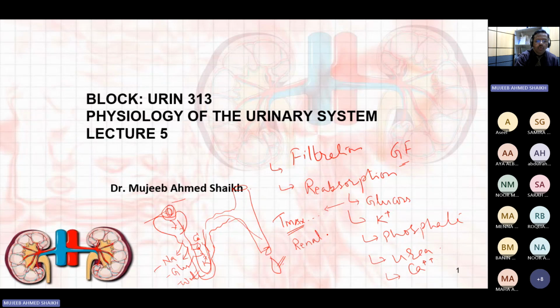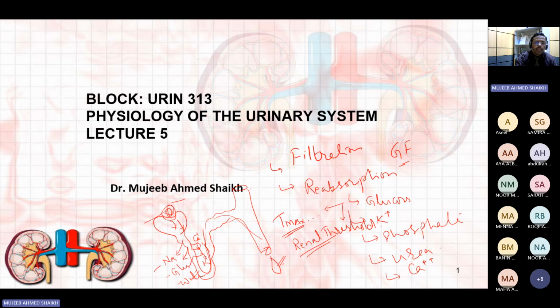Renal threshold for glucose or for potassium, we will describe what is the meaning of renal threshold and what is the meaning of tubular maximum, mainly in relation to glucose. The rest of the things are easy to remember, but glucose is an important thing, and it is very common that if a person's blood glucose level is high, then there are chances that it will appear in the urine.